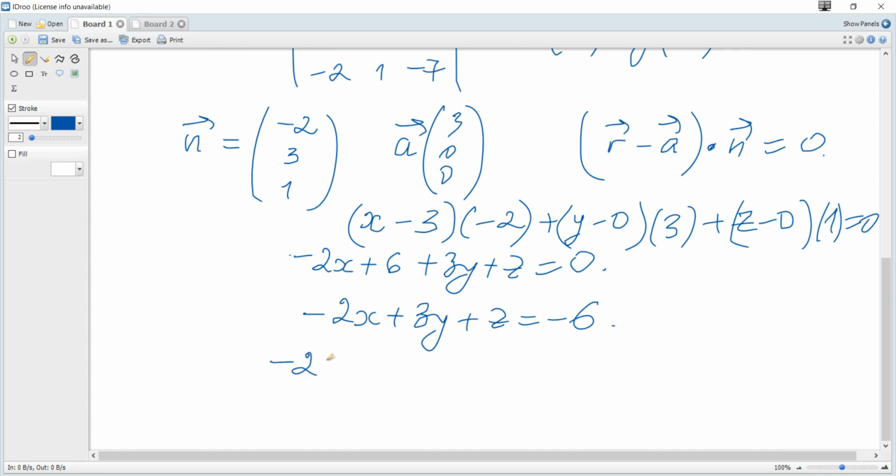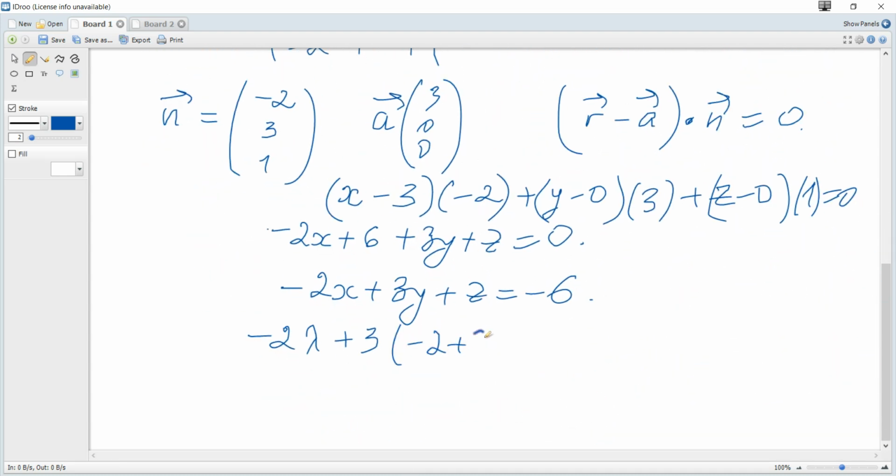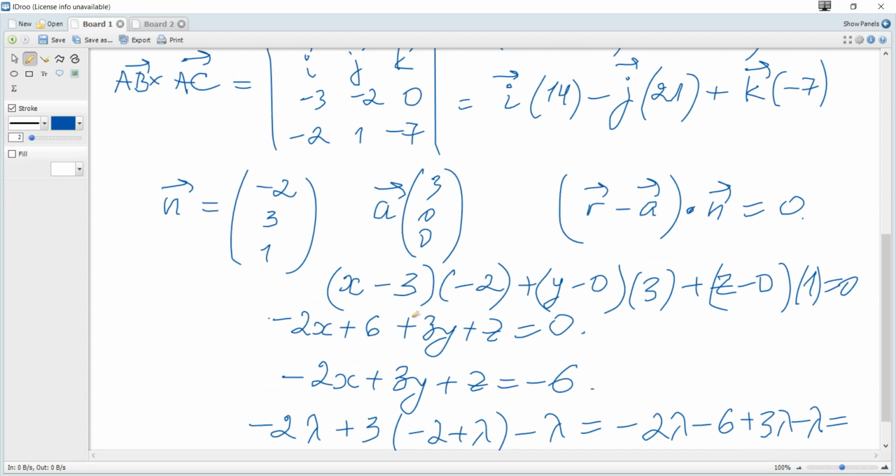It becomes -2 times lambda plus 3 times (-2 plus lambda) minus lambda, which is -2 lambda minus 6 plus 3 lambda minus lambda, which is -6 as required, hence it's true. And it must be true.